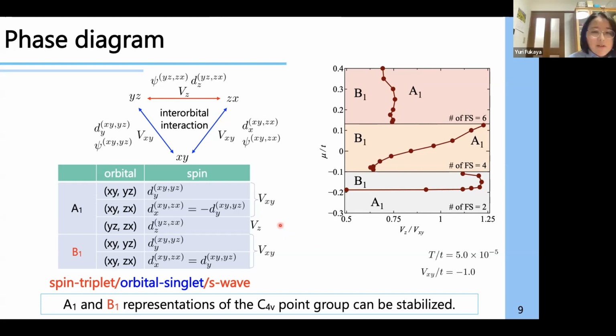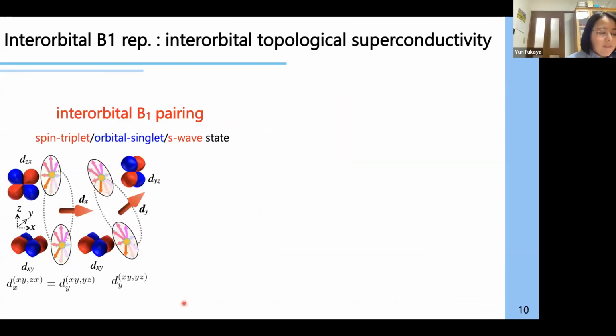In this talk, we focus on the interorbital B1 representation. This is a schematic illustration of the Cooper pair in interorbital B1 pairing with spin-triplet orbital-singlet s-wave. For the spin-triplet state, this interorbital B1 pairing is described by the spin d vector like this.